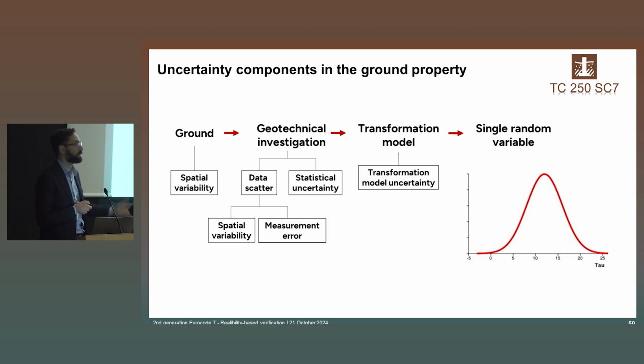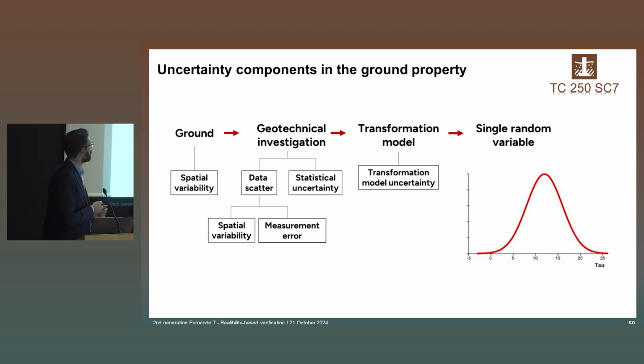Different measurement equipment have different uncertainty, and quite often we like to do indirect measurements, meaning that you measure something other than what you're actually looking for, so you have some sort of transformation model. You go from, for example, a cone penetration test to an undrained shear strength, and you have to do some transformation, and that transformation also has uncertainty, sometimes quite a lot.